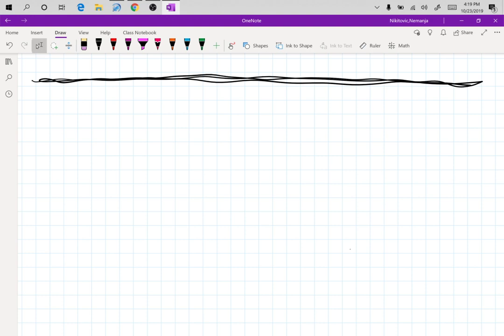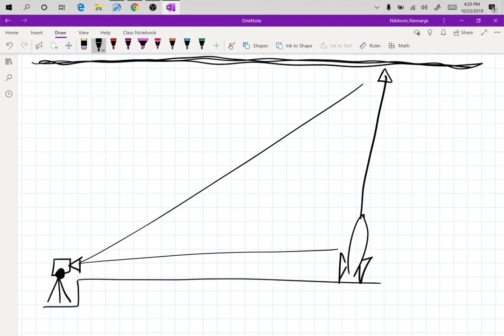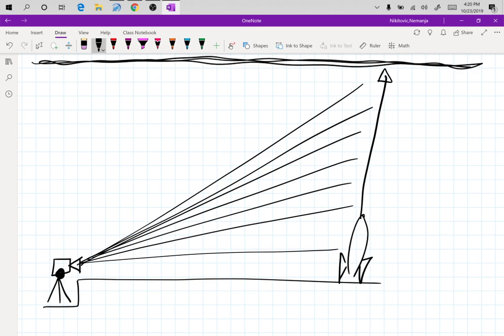Your camera is going to be mounted on that servo motor that sits on the tripod, and the camera is going to take the direct shot, but then as the rocket goes up, the camera is going to turn. So no matter where the rocket is, as the rocket climbs, the camera will be turning to have the rocket in the middle of the shot, just like the one that you guys have seen in this video. So you can see the progress over here.